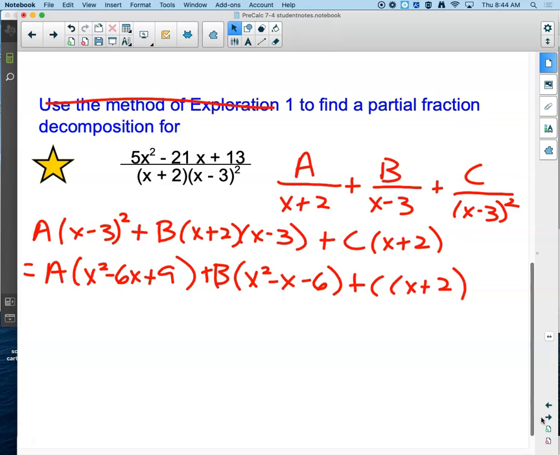Keep expanding there, and I'll see if we all end up with the same thing.